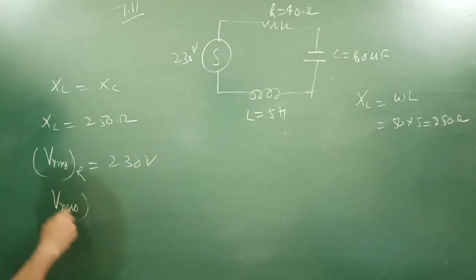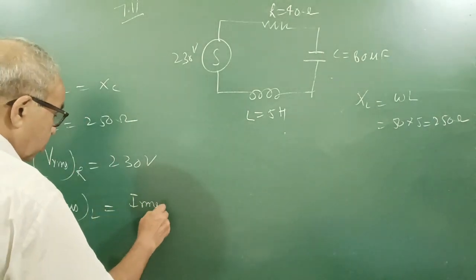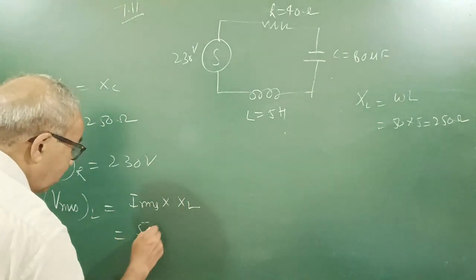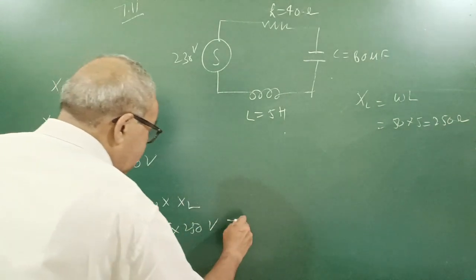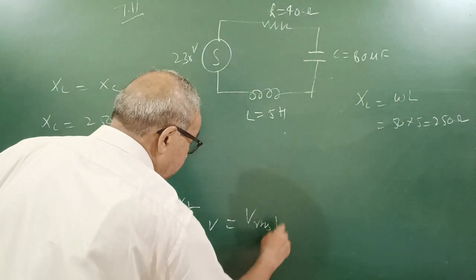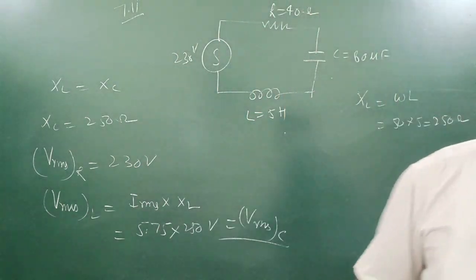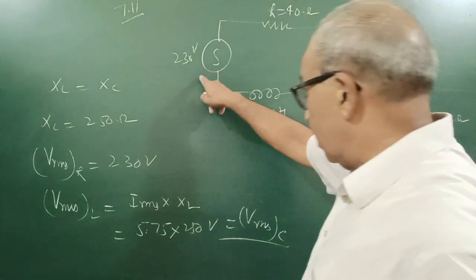VRMS across the inductor is IRMS into XL. That is, IRMS I define as 5.75, into 250, multiply, and the same will be VRMS across C. In resonance condition, the voltage across the inductor and capacitor in a series LCR circuit will be the same, and much higher than 230.